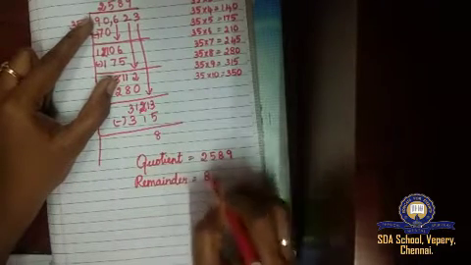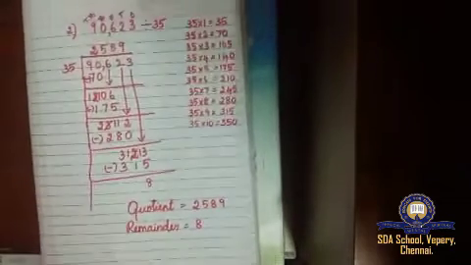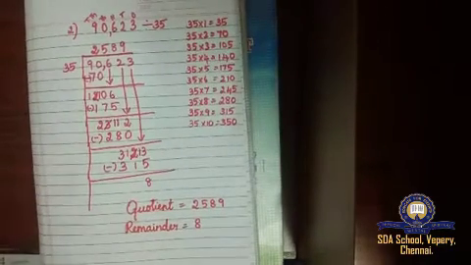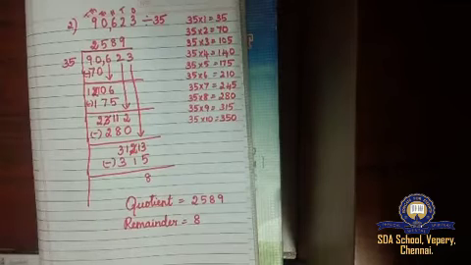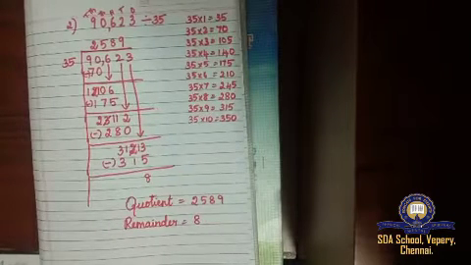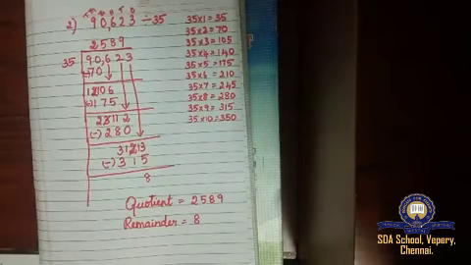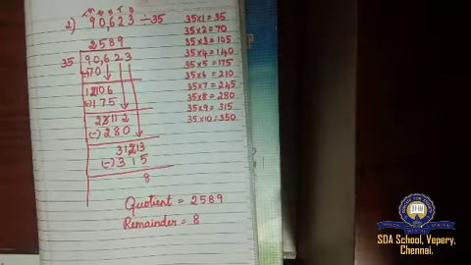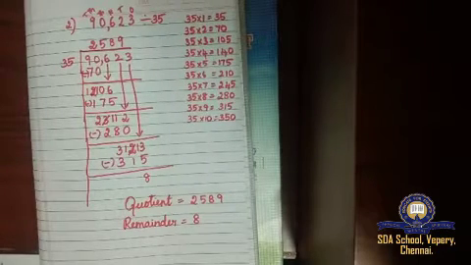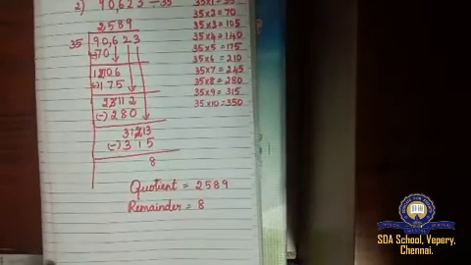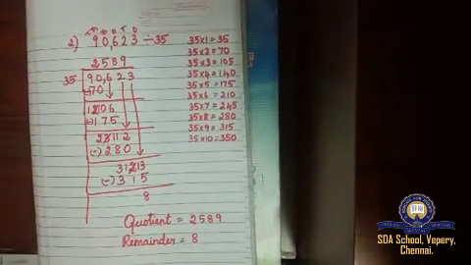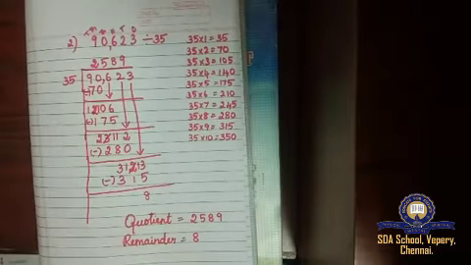We should check fully till the last digit to get the remainder. At last you should write the answer like this. Quotient is equal to 2589. Remainder is equal to 8. Like this you should write.